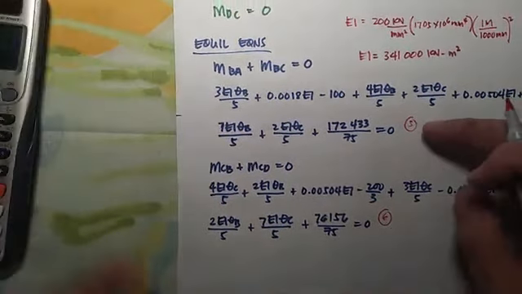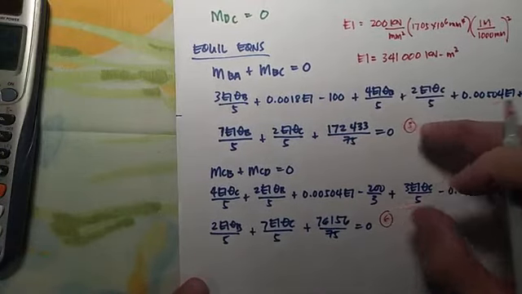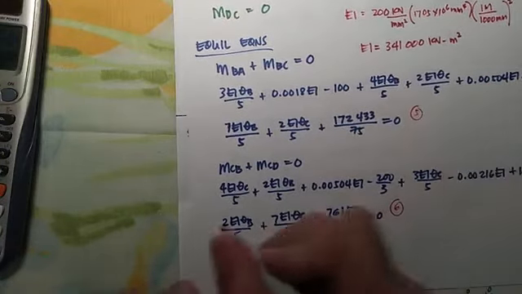So we have equation 5 and equation 6 simultaneous equations. Solving these two simultaneous equations.